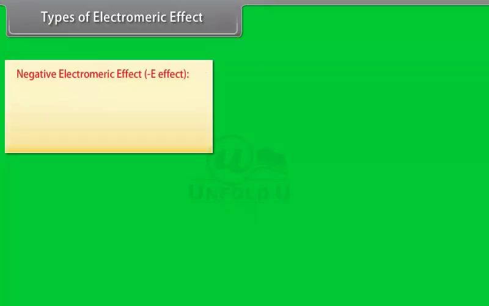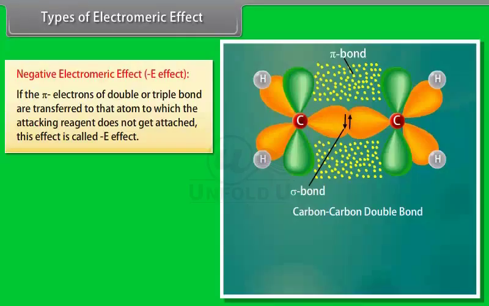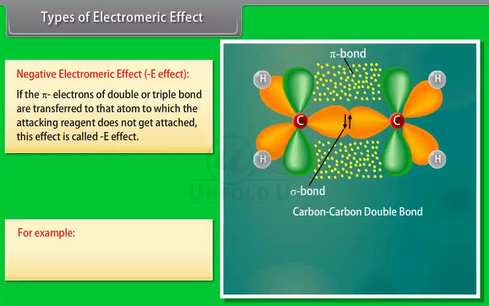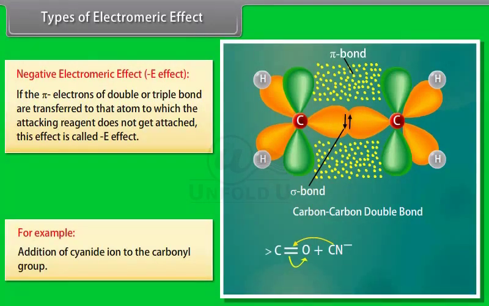Negative electromeric effect, negative E effect: if the pi electrons of a double or triple bond are transferred to that atom to which the attacking reagent does not get attached, this effect is called negative electromeric effect. For example, addition of cyanide ion to the carbonyl group.